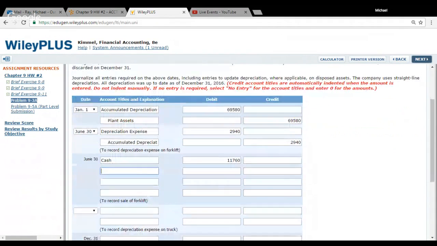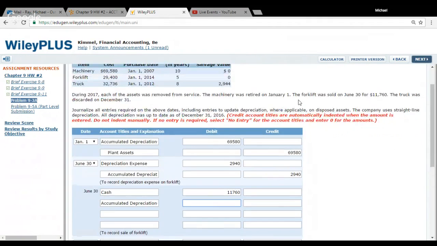The next thing we're going to do is tally up all the depreciation on the forklift to date, for all the years that we've used it, plus the 6 months this year, so accumulated depreciation equipment. We're in 2017. We bought it in 2014, and it's useful for 5 years, so it still has 2 years left on it.